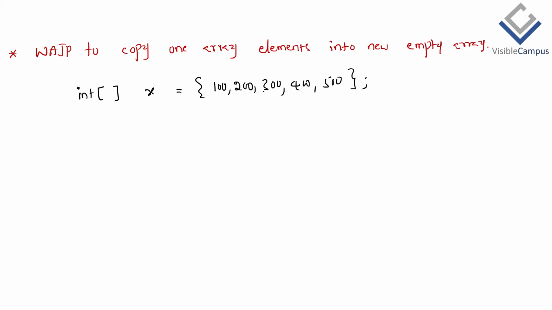Once we have these 5 elements, what does the requirement say? Copy these elements into a new, empty array. So for that, first we have to declare one empty array. Should the empty array size be the same as the previous array or not? To copy these elements, the size has to be the same or different?